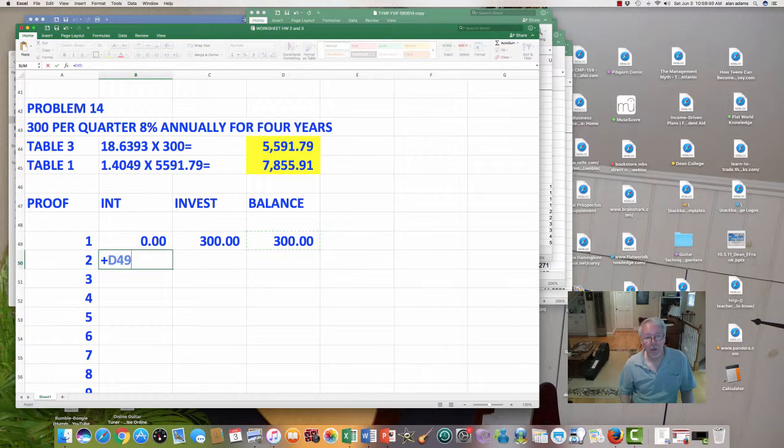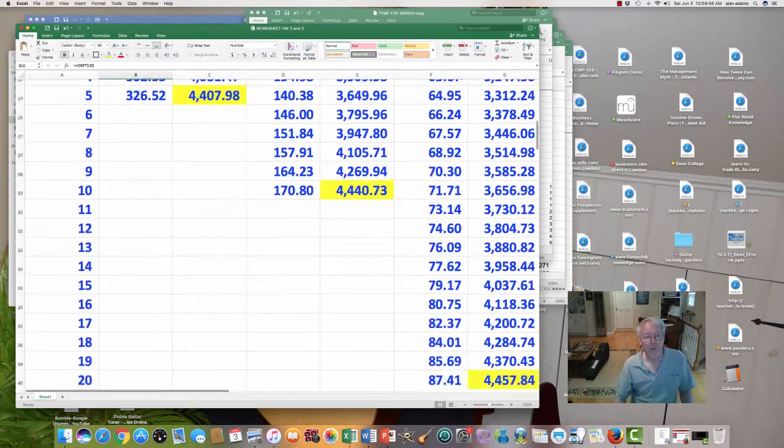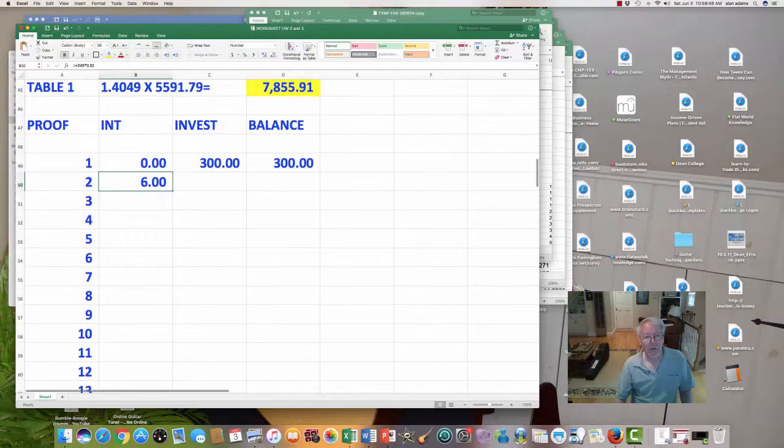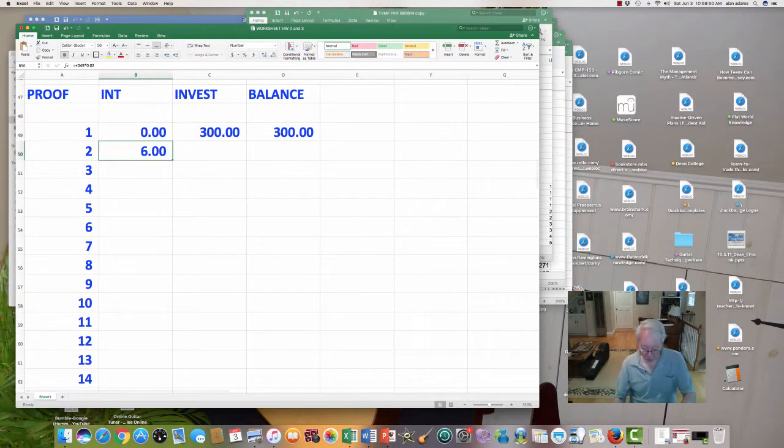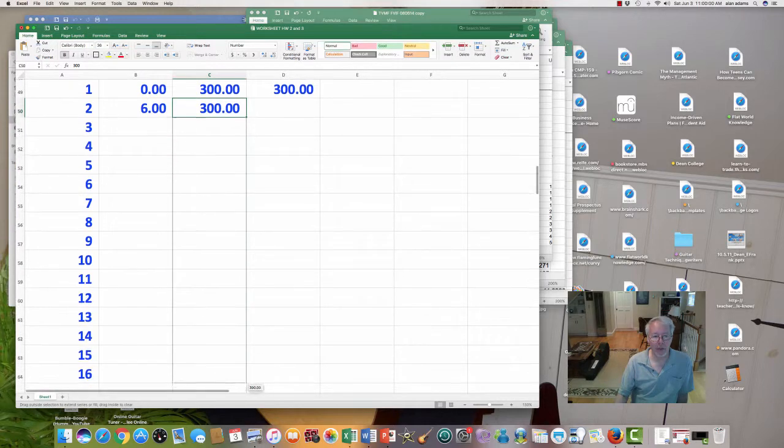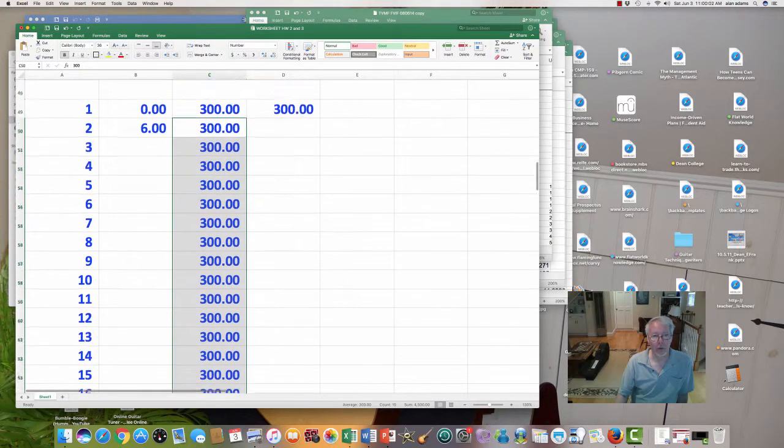D49, okay, times 0.02. All right, that's going to earn her $6. Then at the end of the second period, she'll invest another 300, and she is going to do that how many more times? 14 more times, a total of 16 periods.